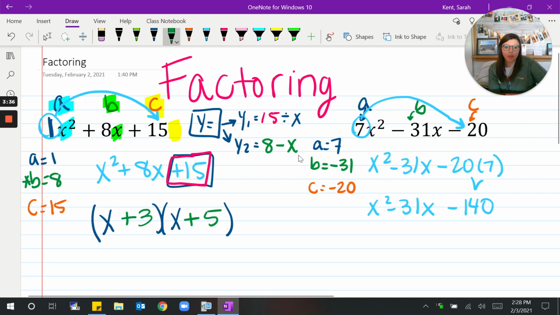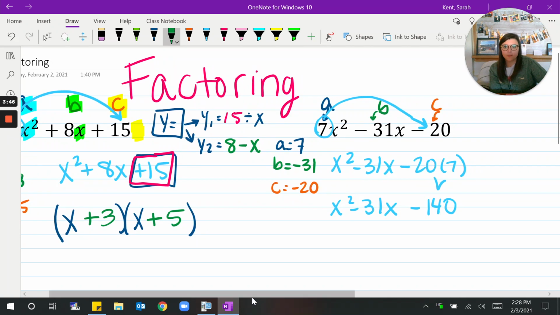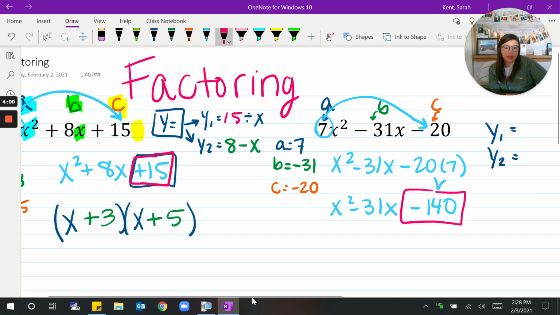So here we've got problem number 2. And again, we're going to do y equals. We want y1 and y2. So I'm going to pull this over a little bit. For y1, I'm taking my new end number. Here, this very last number is minus 140.